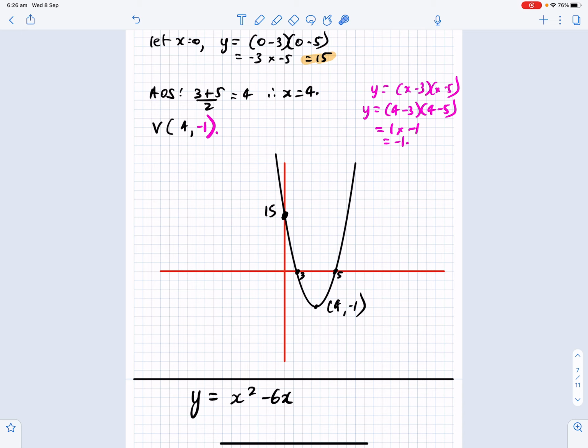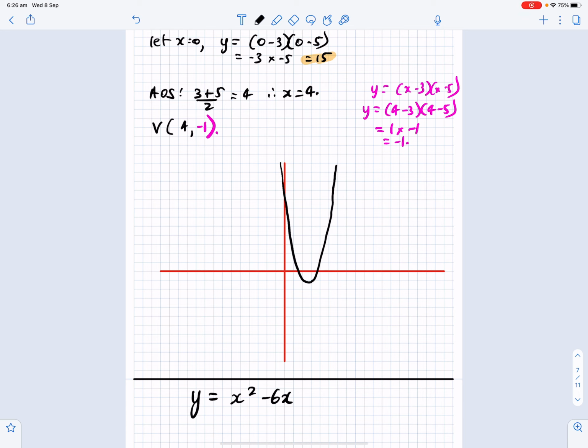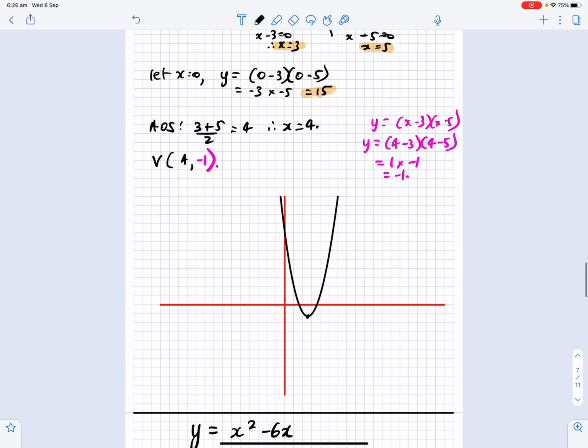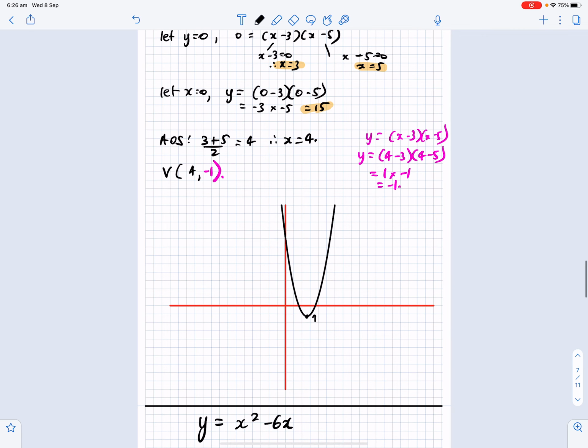So what you need to do here, when you're sketching this, you've got to make sure it's more something like this. So that point there is 4 comma minus 1.